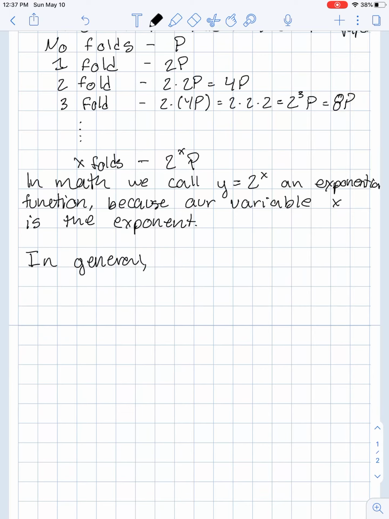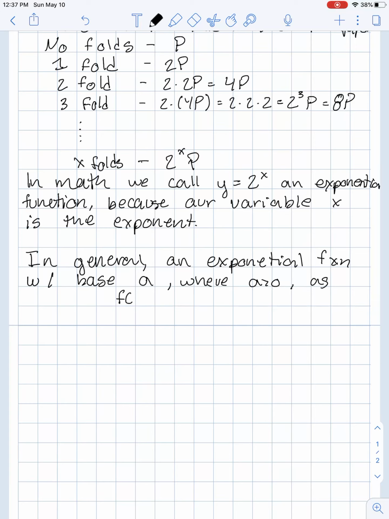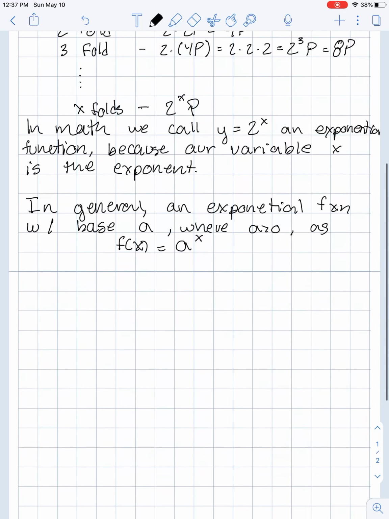In general, we can write an exponential function with base A, where A is some positive number, as f of x equal to a to the x.